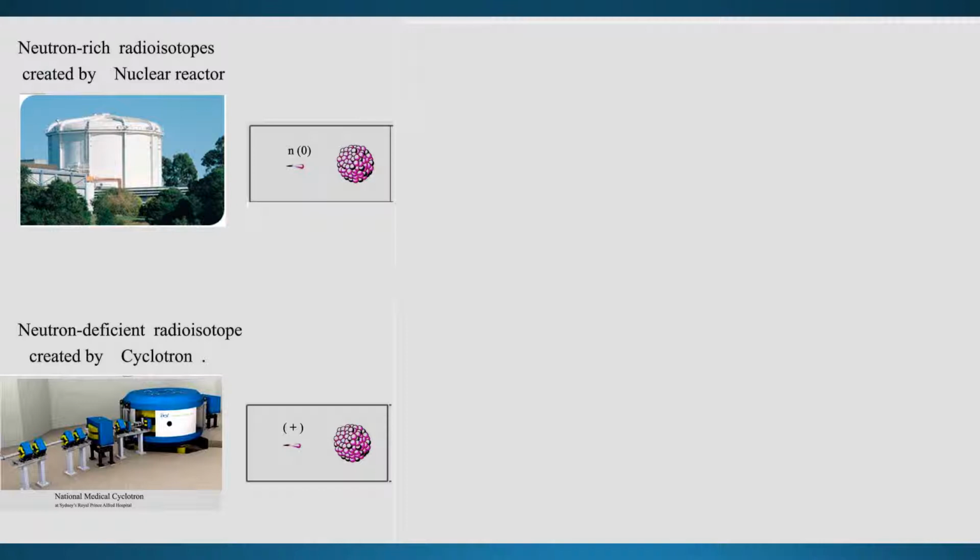The bottom one, if you shoot the target with positively charged particles, with more and more positive charge, what will this target end up as? It becomes too positive or not enough neutrons, a neutron-deficient radioactive isotope. So they will make two different types of radioactive isotope.